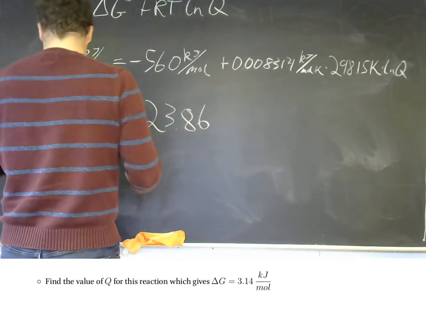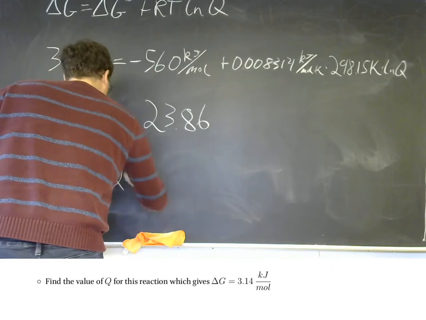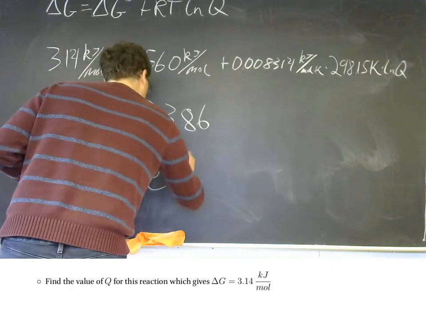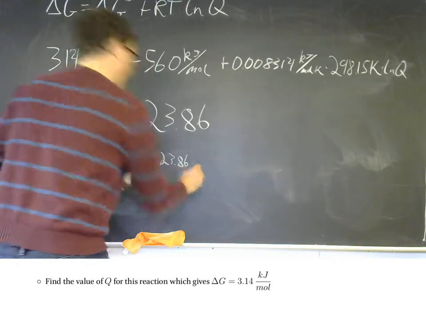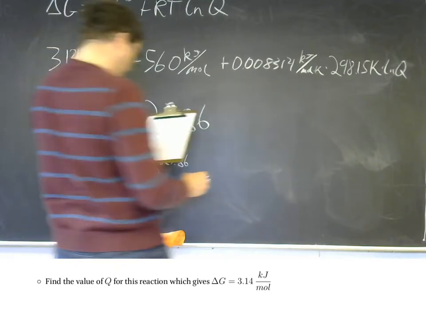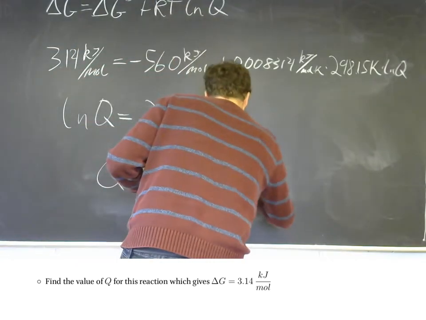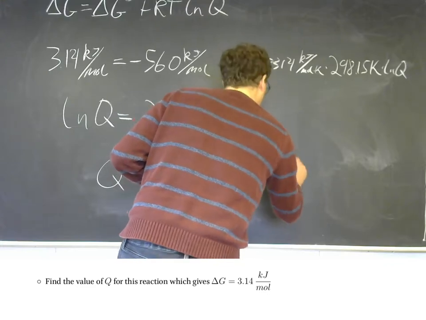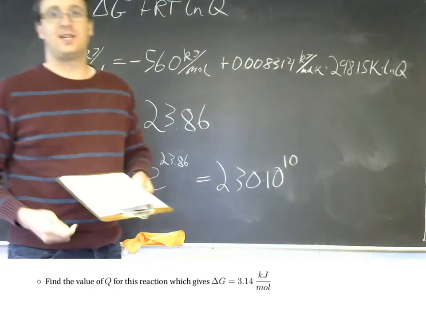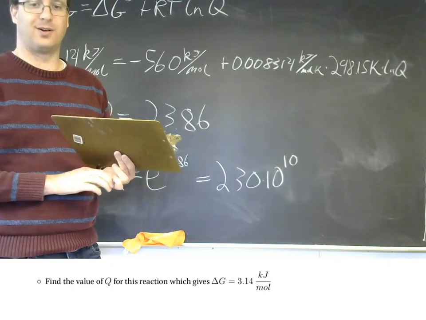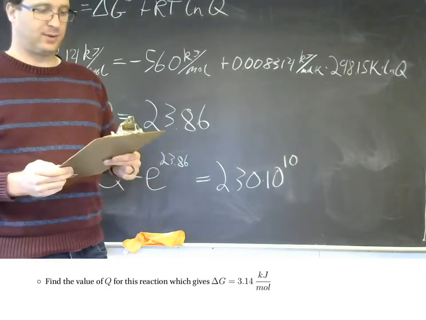And that means that Q is going to equal E raised to the 23.86 power, which is going to be equal to 2.30 times 10 to the 10th. So that is quiz 18.3.